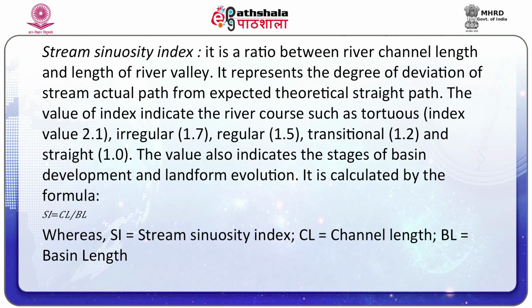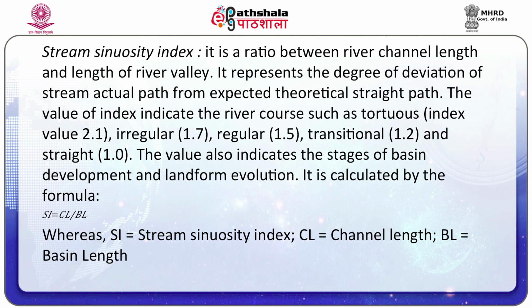It is the ratio between the river channel length and the length of the river valley. It represents the degree of deviation of a stream's actual path from the expected theoretical straight path.